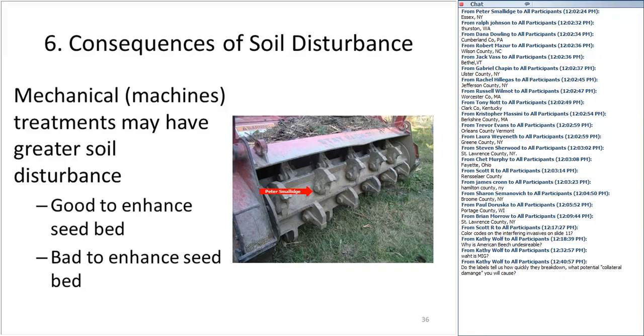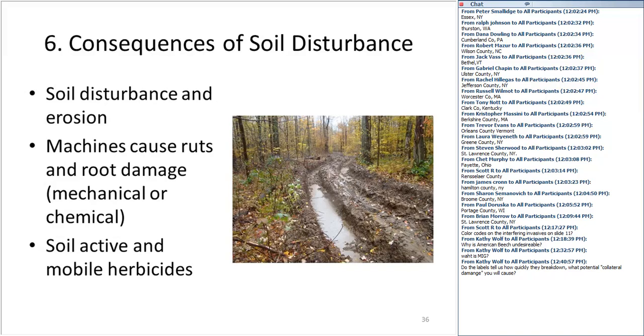It may be that we have concerns about garlic mustard and a lot of seed, and then if we disturb the soil, maybe we're controlling one plant, but we're going to aggravate the situation with a second, more problematic, undesirable plant. So it's not good or bad, it's just think about the consequences of soil disturbance.